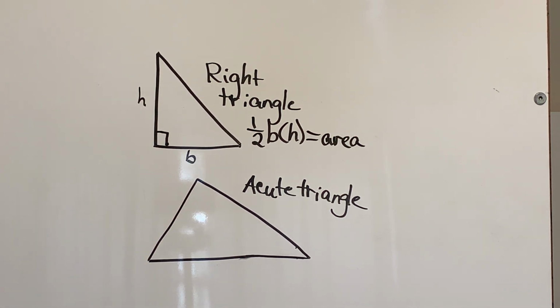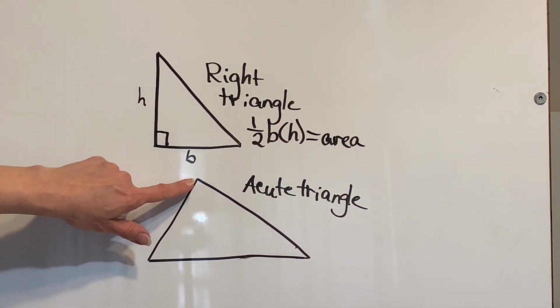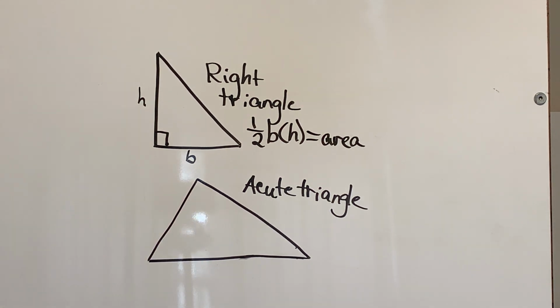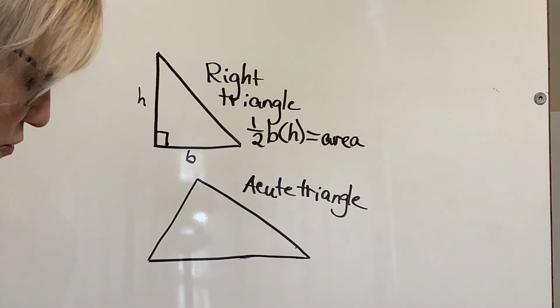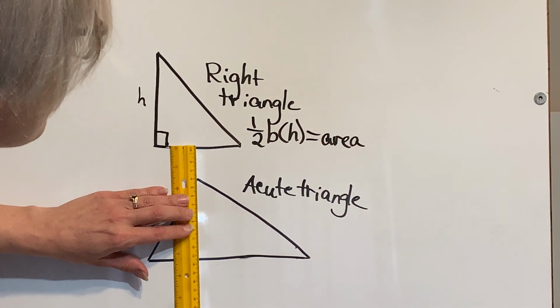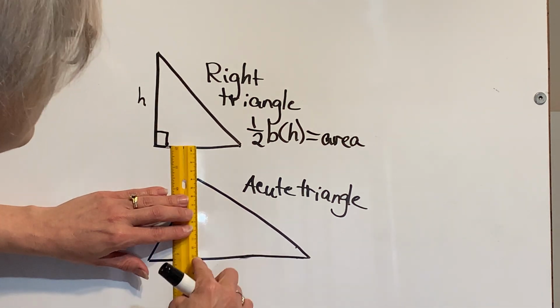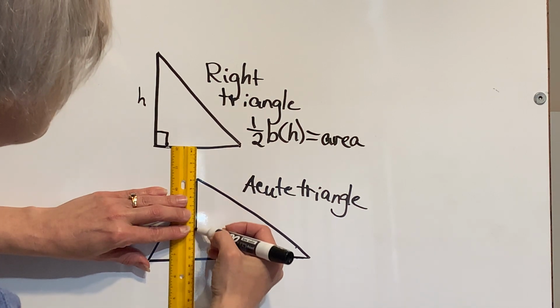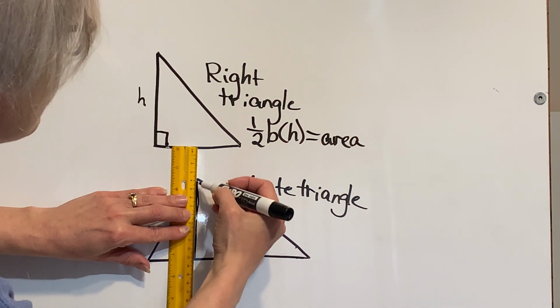What we're going to have to do is draw a perpendicular line from a vertex to the base. And that's what we're going to use. When it's on the inside of the triangle, there's another name they can call it. They could also call it the altitude. All right, so if we create a line from a vertex, which is right here, to the base, we can create a perpendicular line.